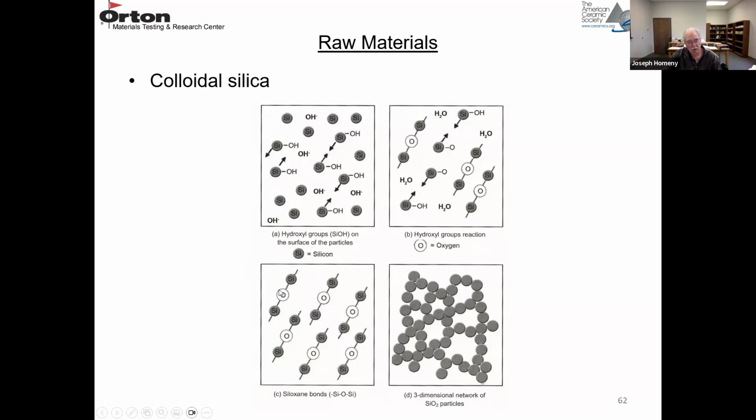And then eventually they all start forming this Si-O-Si bond, and eventually they'll form a three-dimensional network that looks something like this. So the OHs combine, split off water, and form the Si-O-Si bond, and that gives rise to the strength.